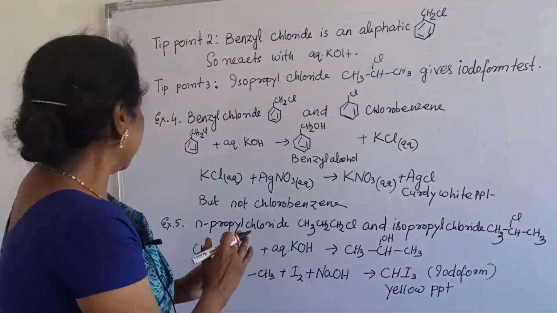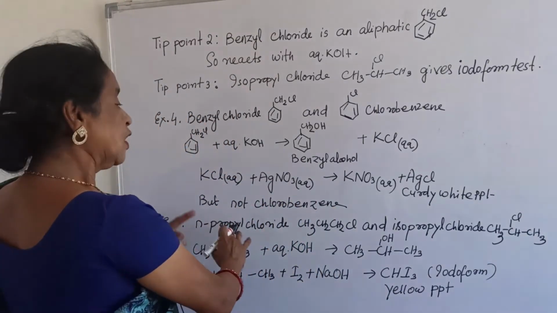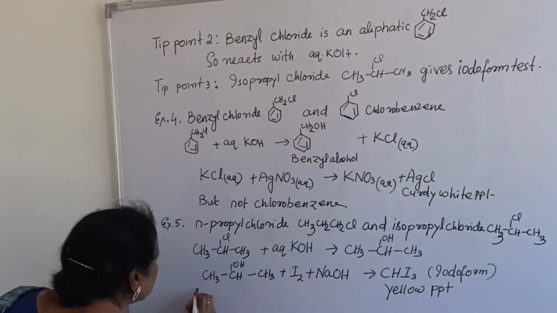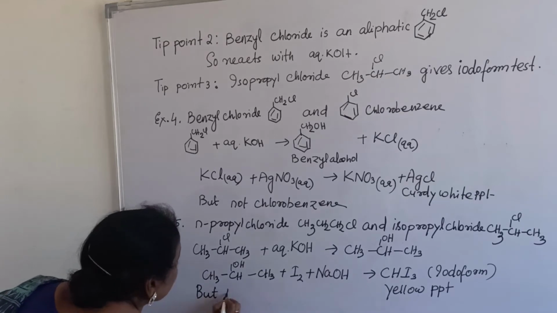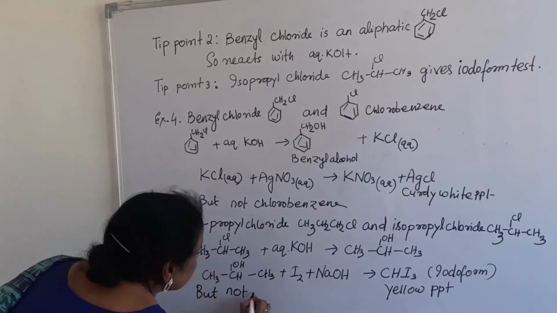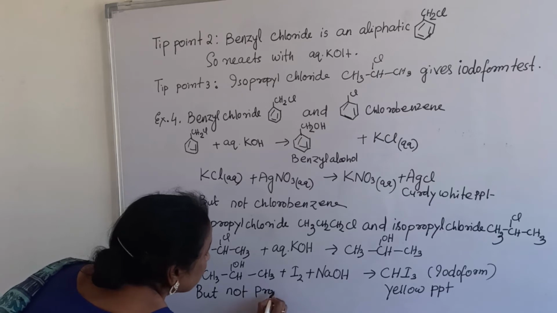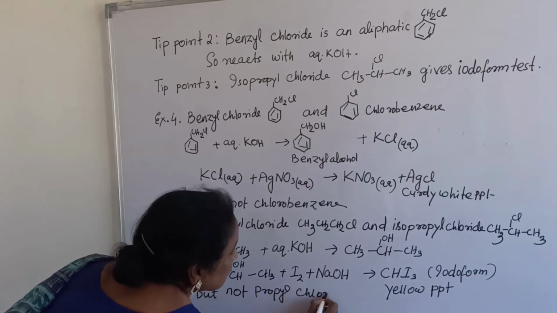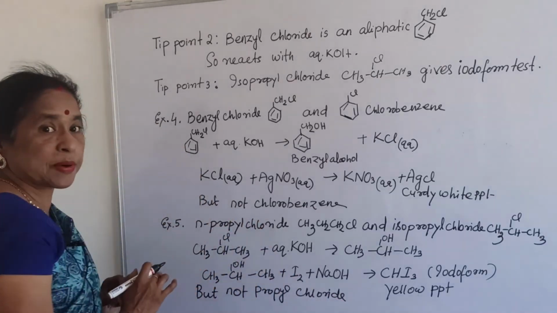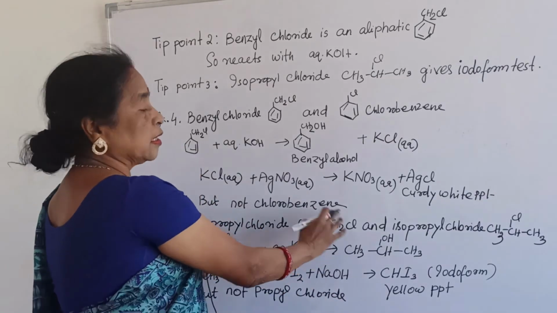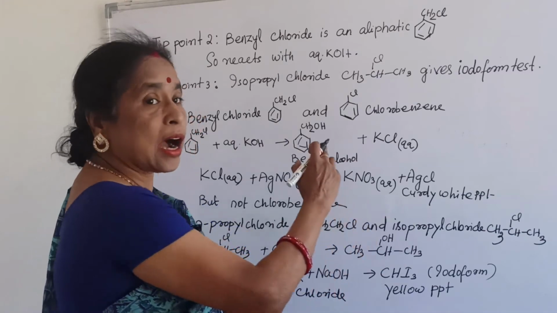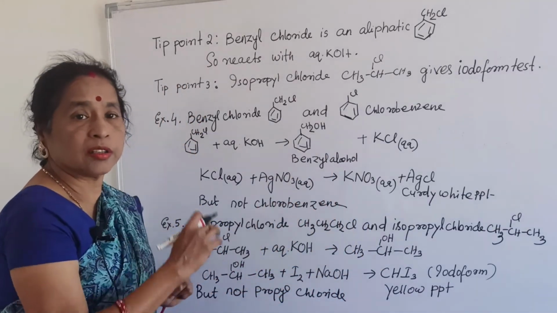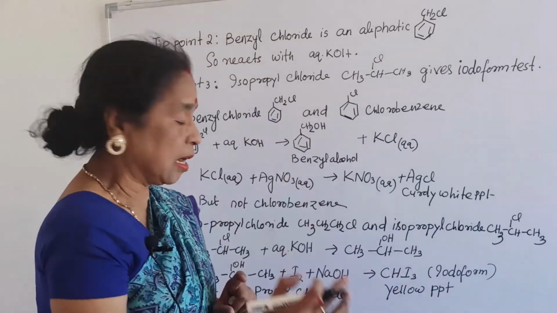Now see here, isopropyl chloride gives a yellow precipitate, but not n-propyl chloride. Propyl chloride will not give this test because chlorine is attached to a primary carbon, whereas here it is attached to a secondary carbon, so it gives a secondary alcohol, isopropyl alcohol.